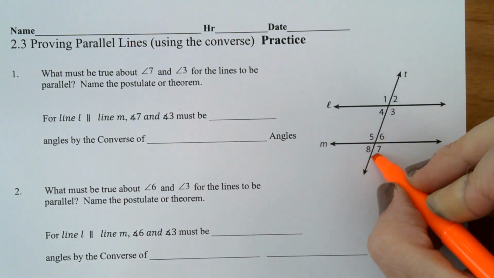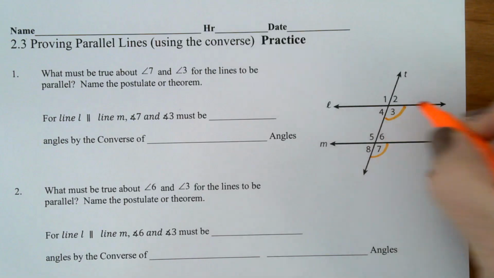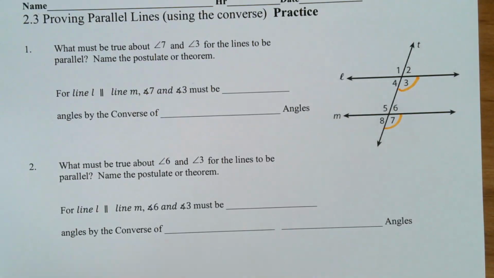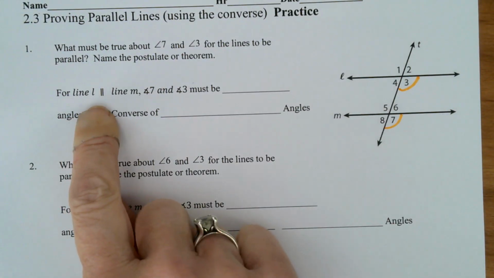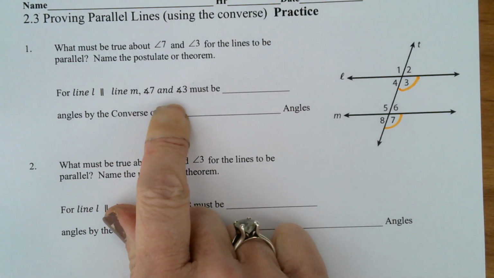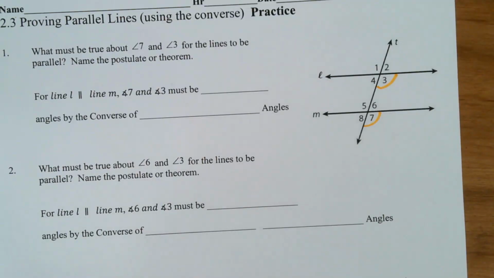Okay. So we're looking at those. And then look, I even have the answer for you. For line L to be parallel to line M, angle 7 and angle 3 must be what? What must they be?